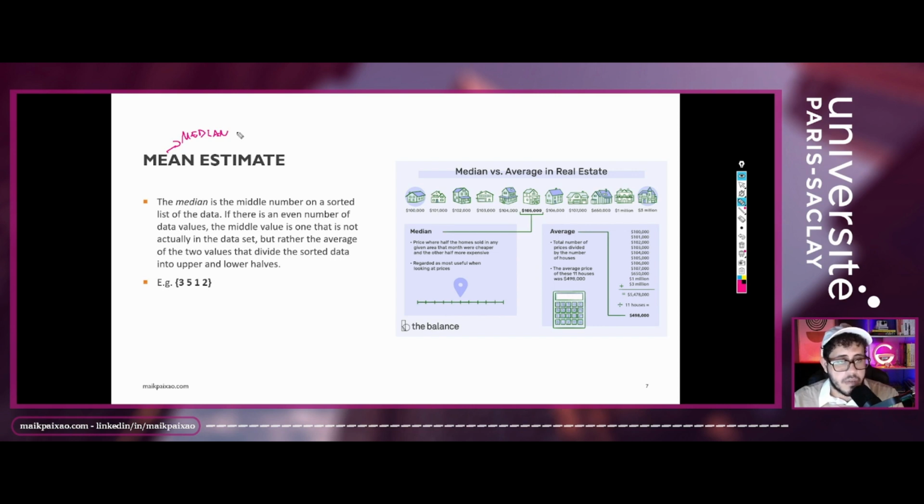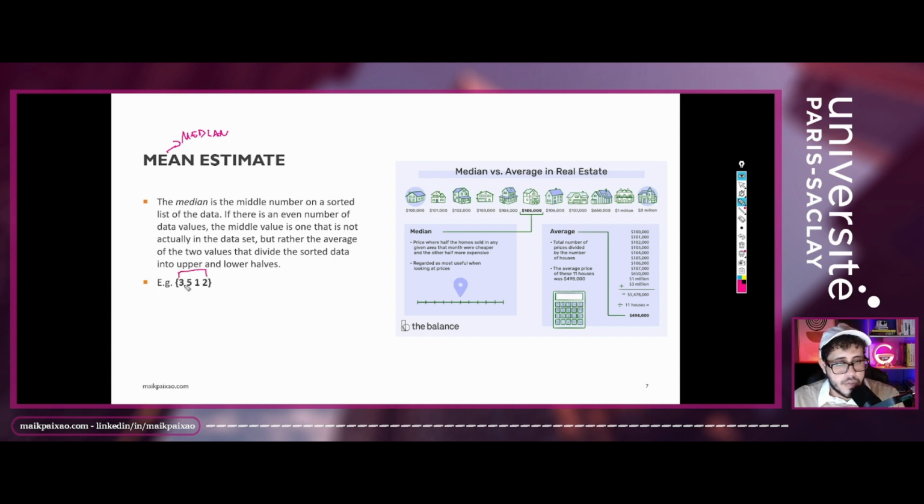For example, we have here the previous example, where we have a set with 4 numbers. So we have 3, 5, 1, and 2. If we want to get the median for the set, we would see that we have an even list.